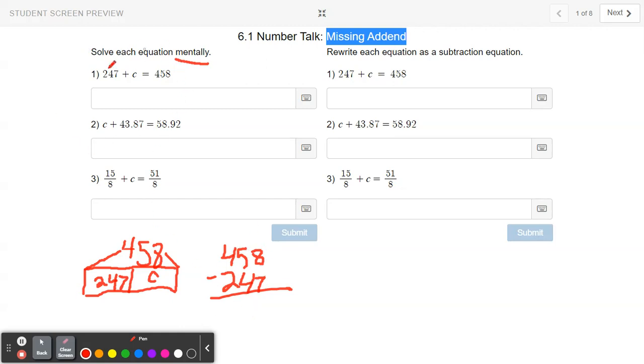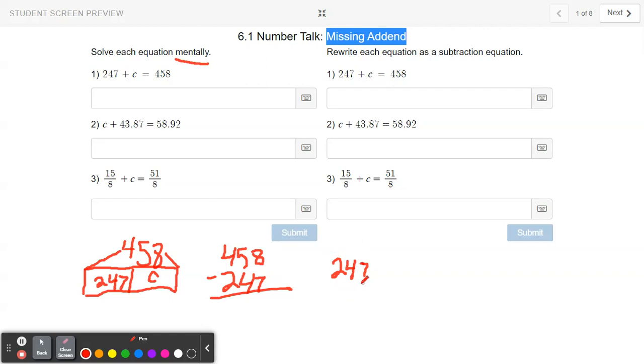So what I personally do is I add little bits until I get up to the total, right? So for instance, here's what I mean by that. I know I'm adding a number to 247. And what I like to do is think about how could I count up easily, right?